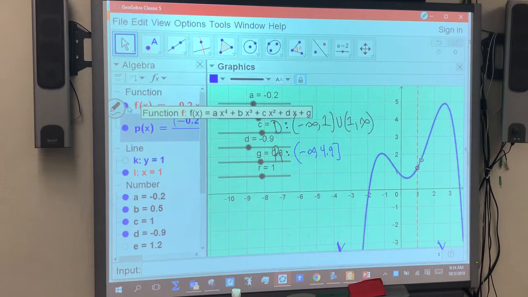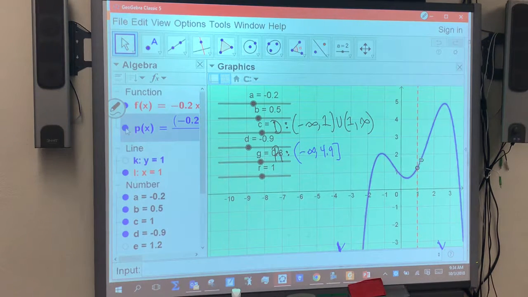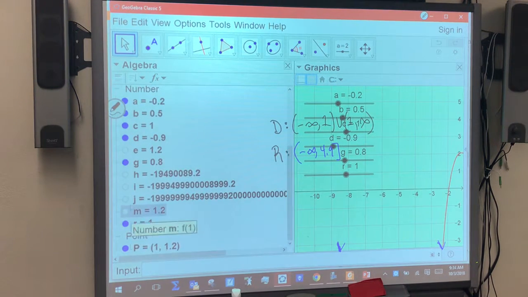Are the blue curve and the red curve the same? About 99.99999% the same, except for at point P, right? Because on f, when it's red, I can compute f of 1, and I should get a number back. See where it says f of 1 right there?